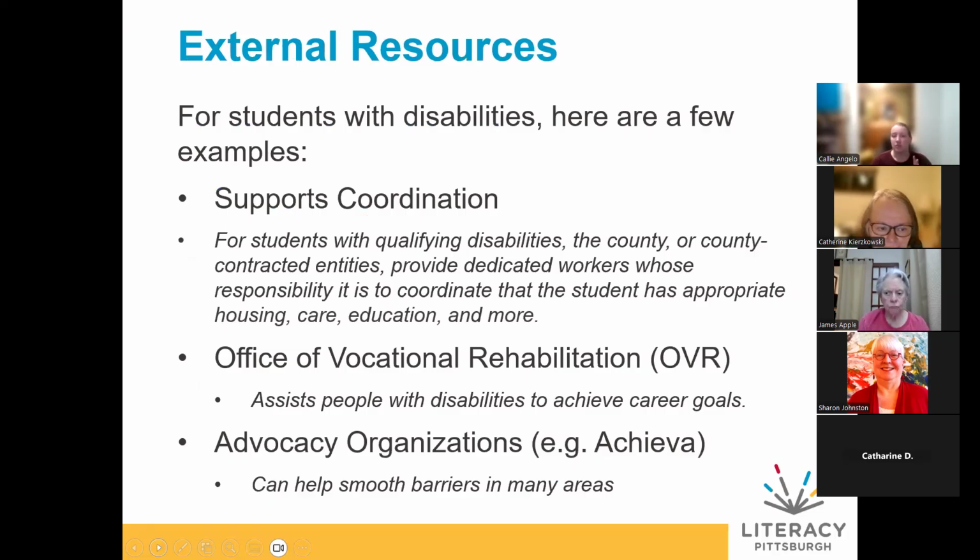Some examples of resources that are available in this area for students with disabilities. We have supports coordinators. That is a job position sometimes provided by the county government, sometimes provided by contractors to the county, who, for qualifying people with disabilities, will organize their housing, education, whatever they need to be happy, healthy citizens and to meet their goals.